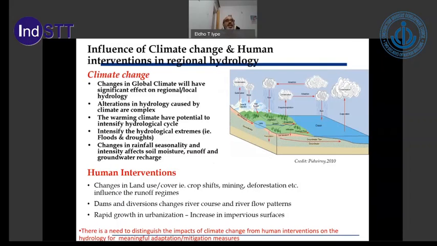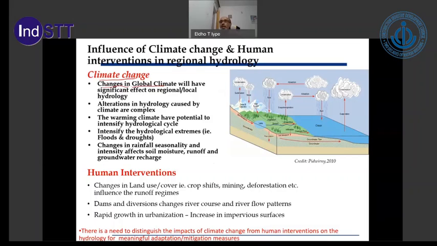Climate change, as I mentioned, will have a significant effect on regional or local hydrology. This is very much visible in India in the last few decades. The alteration of hydrology caused by climate is so complex that it is unpredictable what can happen in future.